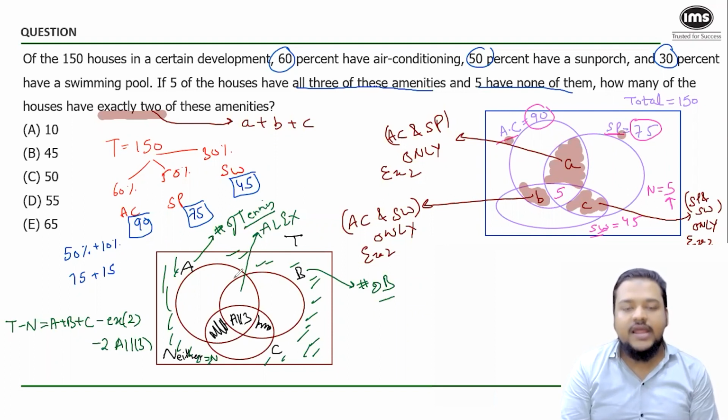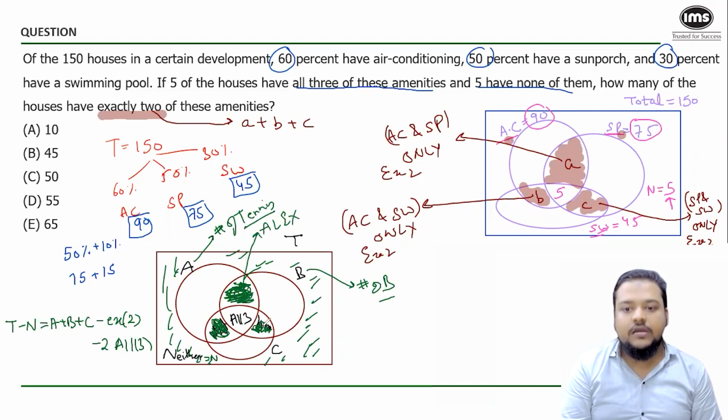But that is wrong, right? Alex is only one person. They are not two people. Therefore, to rectify my mistake, because I counted whatever values are lying here twice, I subtracted it once. Same thing for here and same thing for here. So the portion that you can see as exactly 2, we have counted these portions twice.